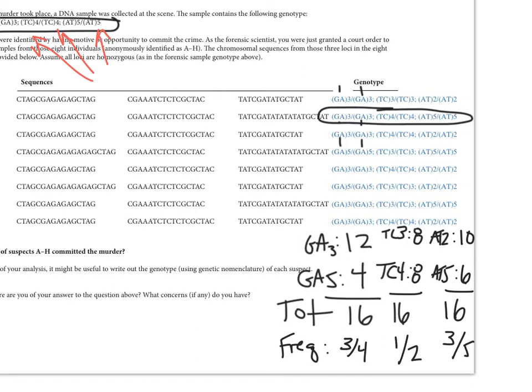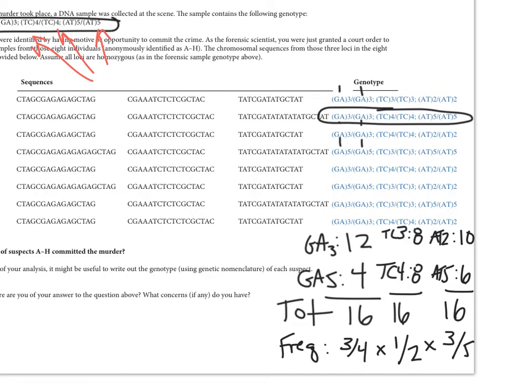So what's the probability that any one person in this fictional world has the genotype that left the DNA at the crime scene? It's 3/4 times 1/2 times 3/5. Isn't it 3/8?